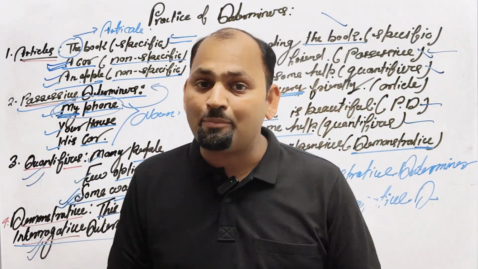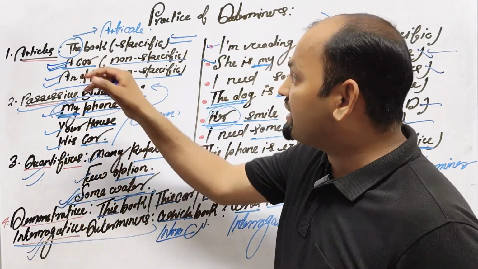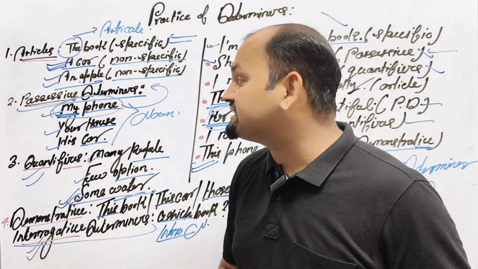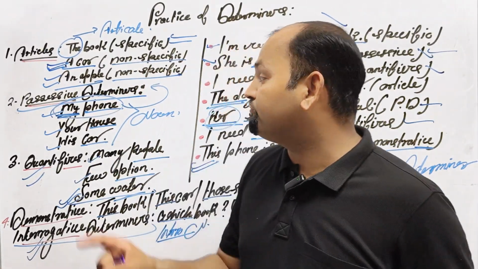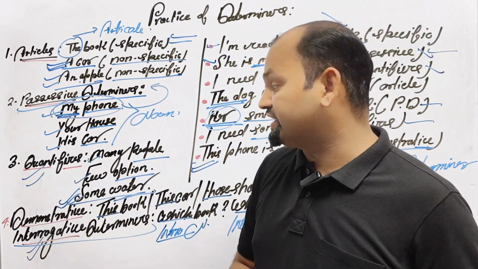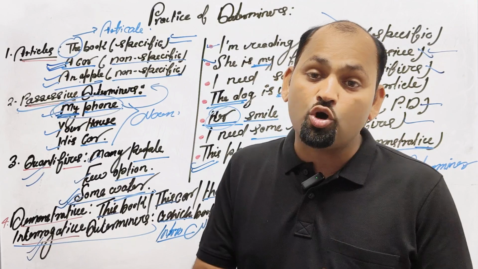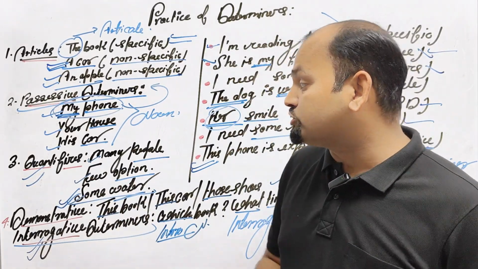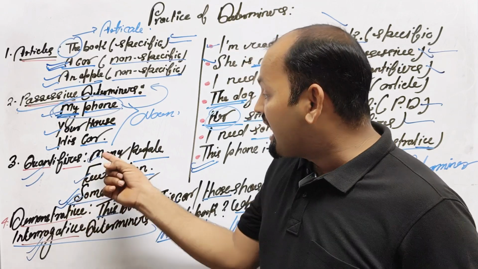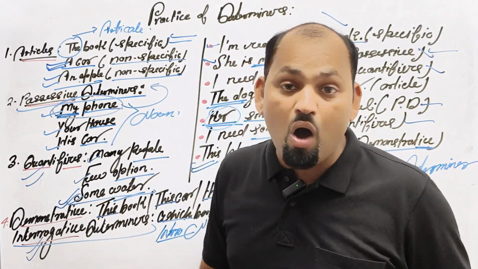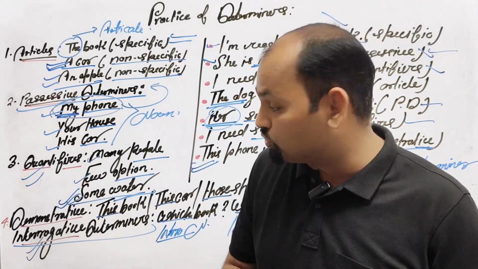So let me start a recap. Okay, revise. Number one, I told you about articles, the use of a and the. Second, I told you about the possessive determiners: I discussed my, your, his, her, your and our. Next, the quantifiers, which tell you the quantity: many, few, some and a few, a little, the little also.